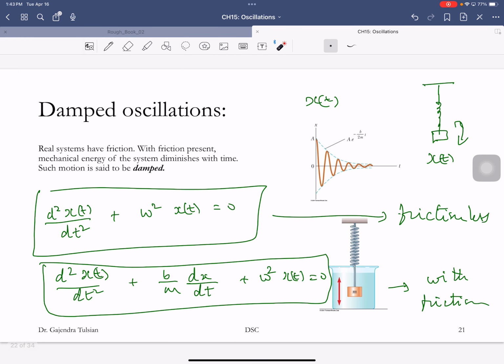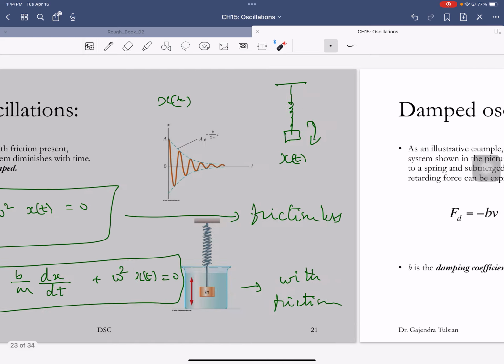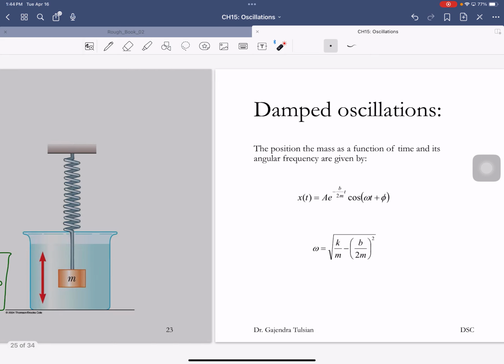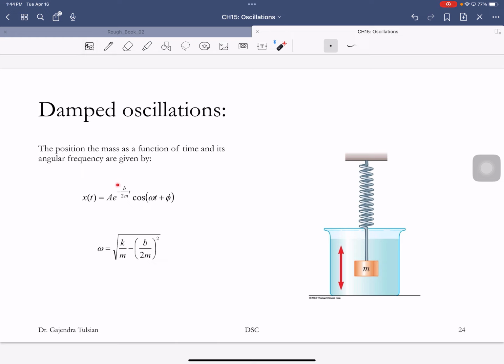The oscillation is dying out. What's happening to the energy in the oscillation? It's being converted to heat. So the mechanical energy is dying out. And it turns out that it's dying out exponentially. The amplitude of oscillation is dying exponentially.